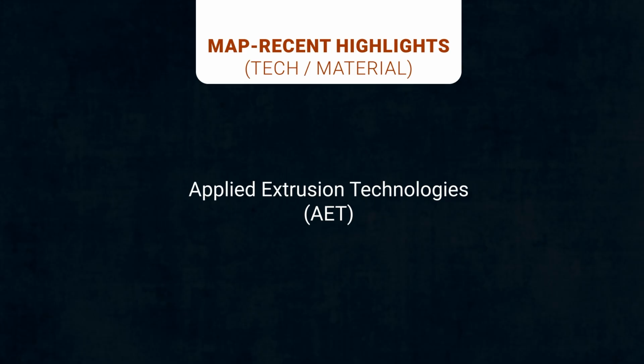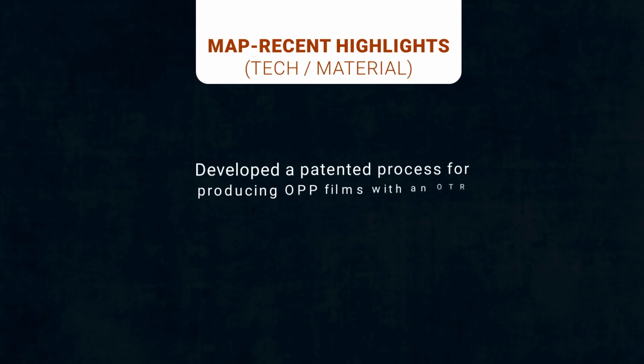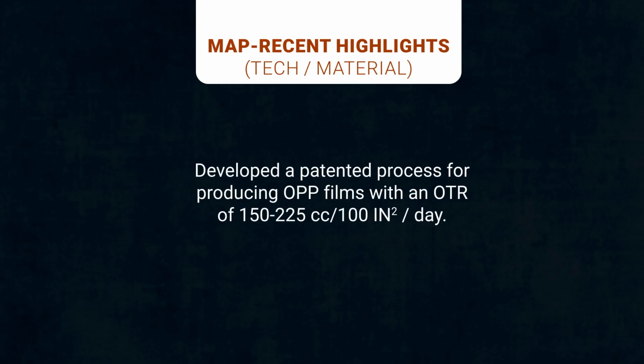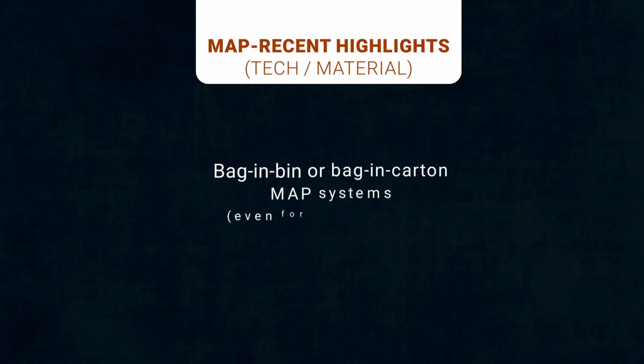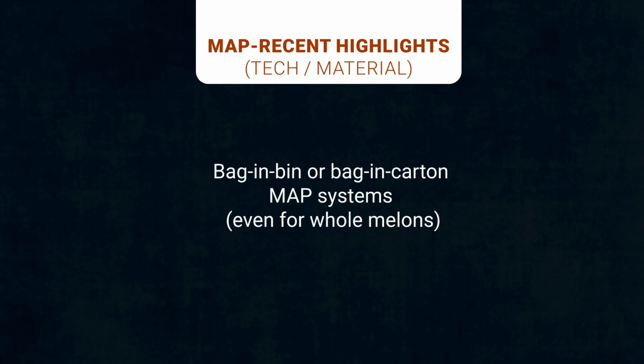If we look at packaging technologies, they could be applied for extrusion technologies, with developed patented processes, for which patents are available. They claim that such films will give you better packaging for modified atmosphere package options. There could be bag-in-bin or bag-in-carton options, whereby they have very specific properties.